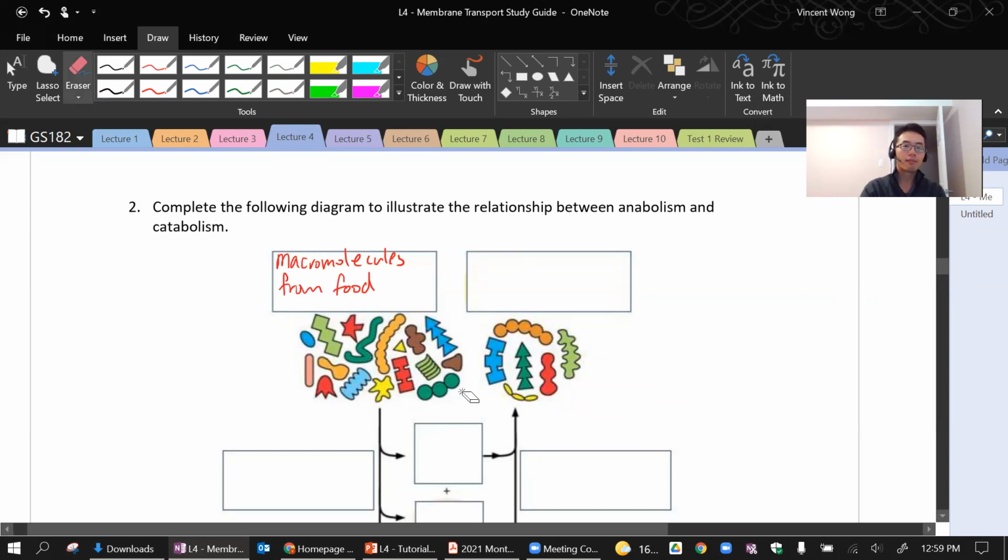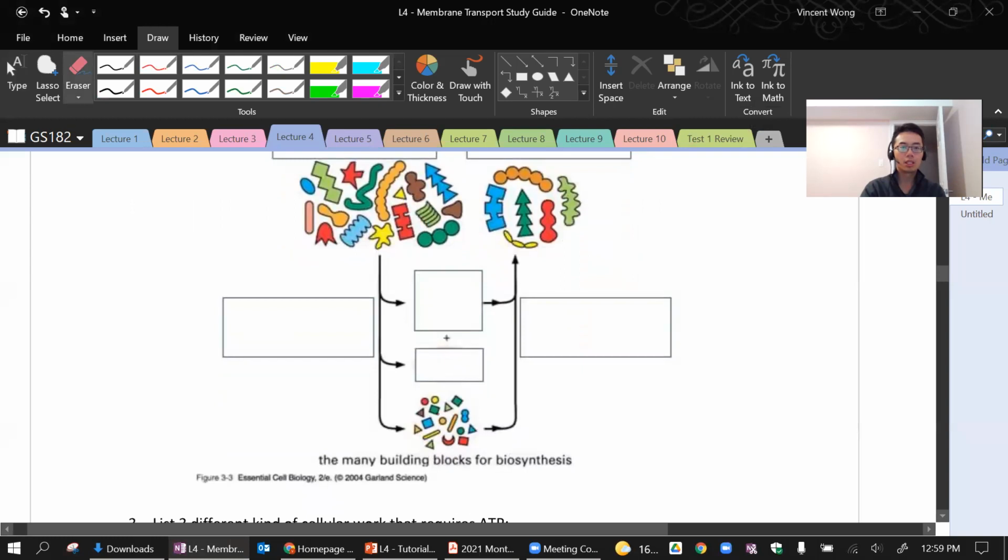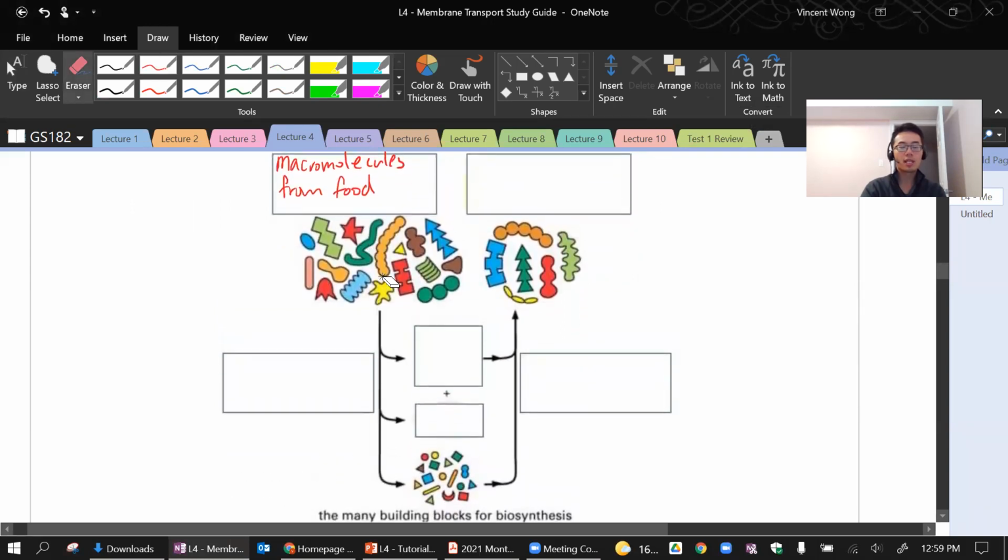But we have to break the food down. We have to break down these molecules into monomers. If it's protein, we'll break it down into amino acids. If it's lipid, we'll break it down into glycerol and fatty acids. The reactions that we use to break down the food are what we call catabolism, or catabolic pathways.